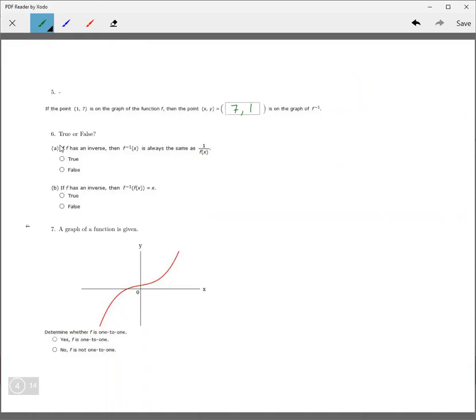Number 6. This notation here is kind of confusing because this is false. It's not always the same as 1 over f of x.